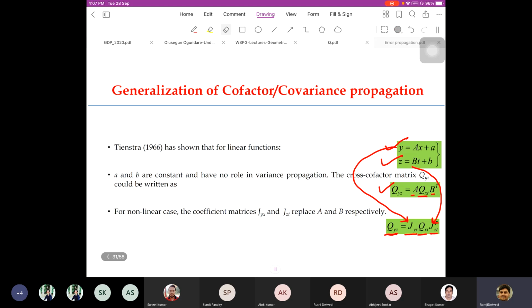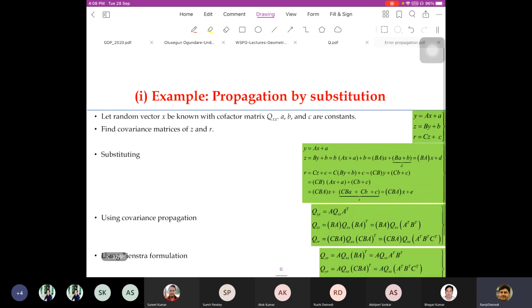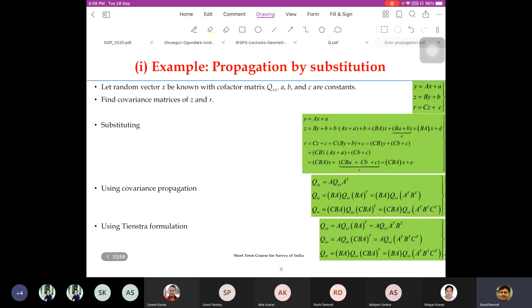It would be least used in problem solving, but still the content is given to you. It talks about the generalization of cofactor and covariance matrix propagation, and the example is given by a certain proof which you can follow.